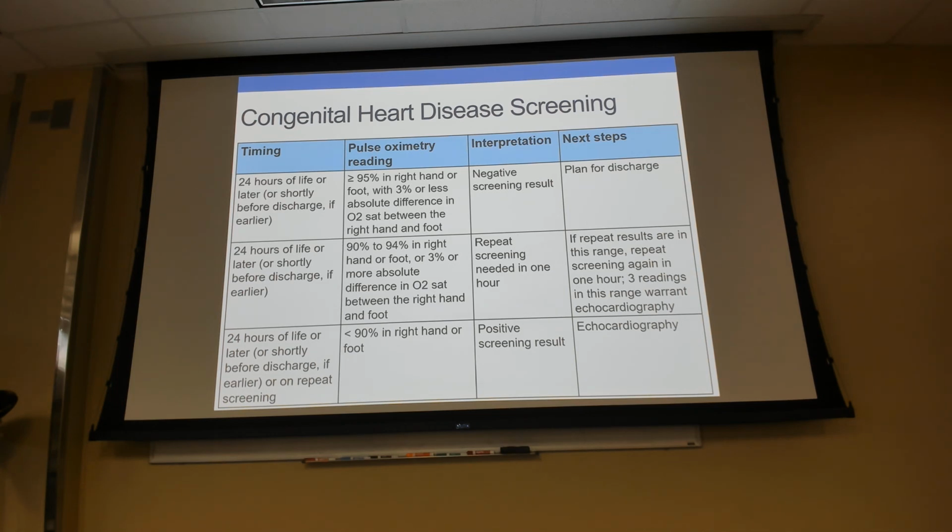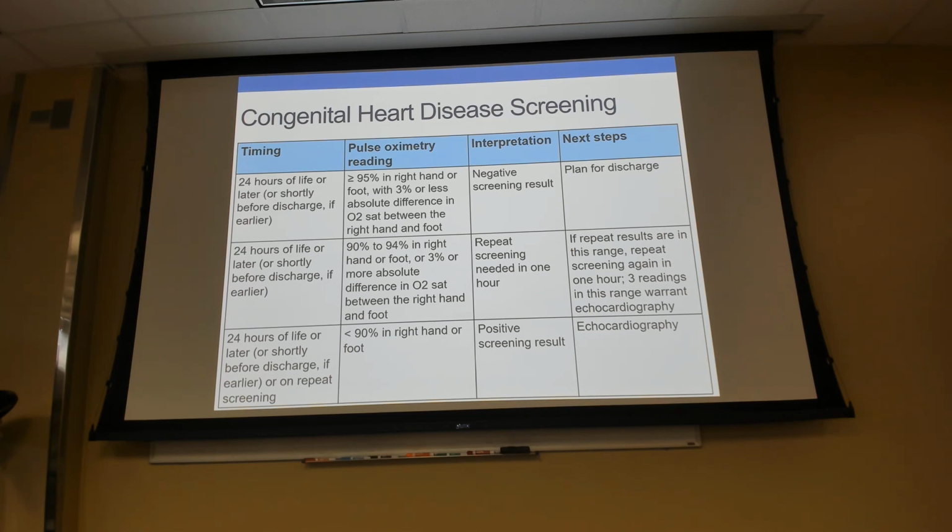A lot of times we'll put it on left foot, right hand, thinking as far apart as possible, but really you could do it either way. And you are looking to see what is the difference in saturations. If you have no holes in your heart, quote unquote, or congenital cardiac issue, and you have 97% in one hand, you should have 97% in that foot. If you have some sort of difference, it's telling you that something is going awry.